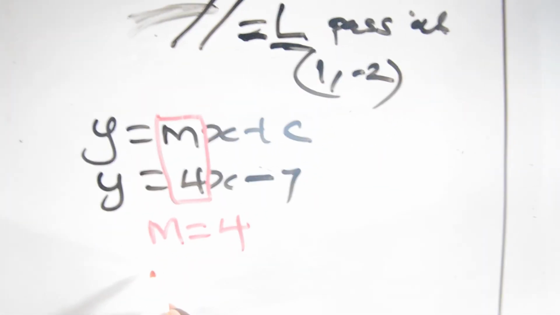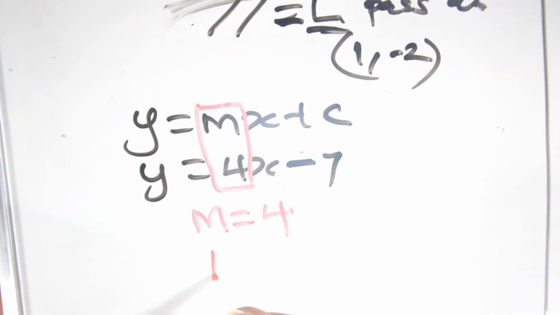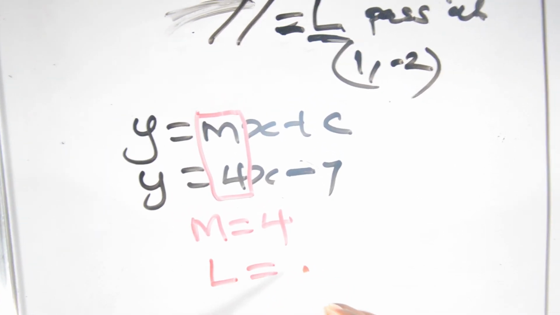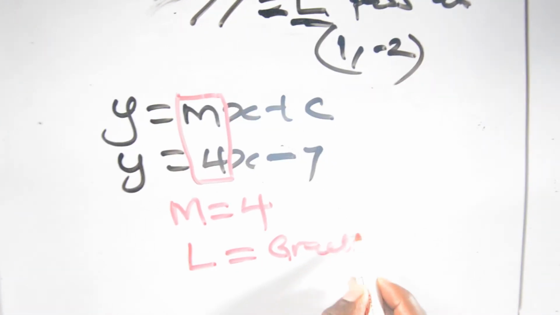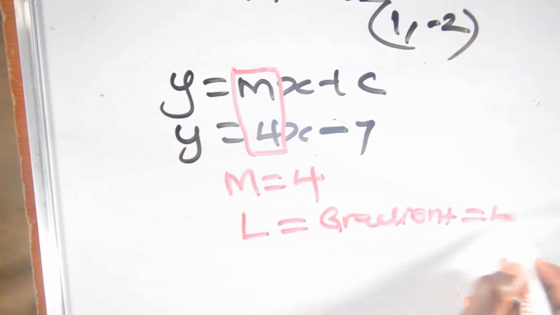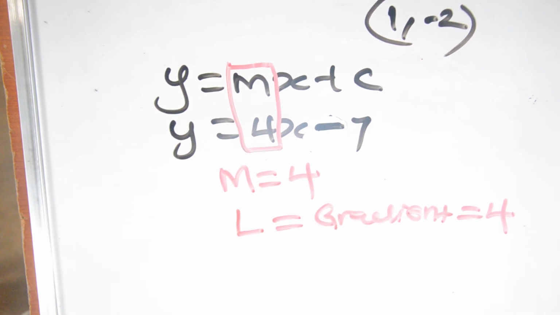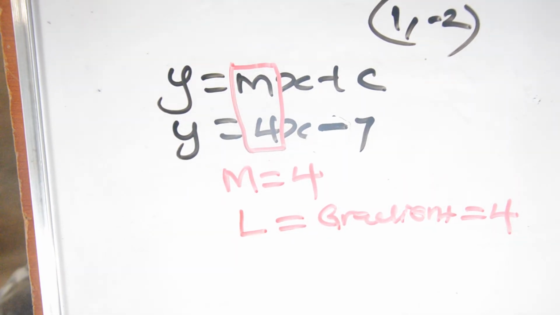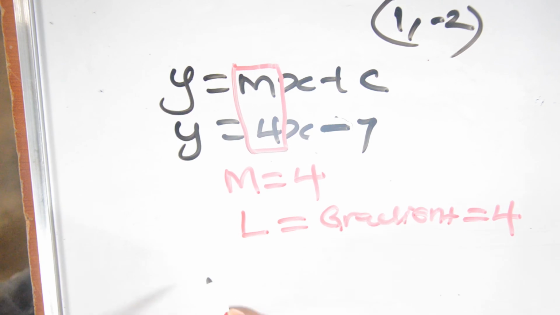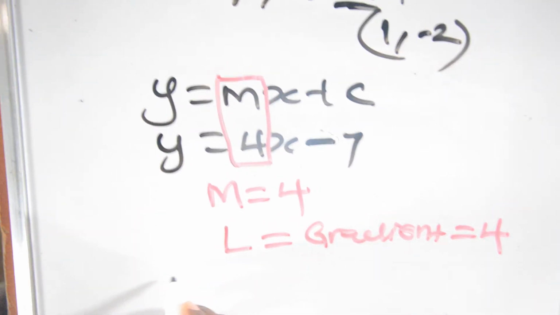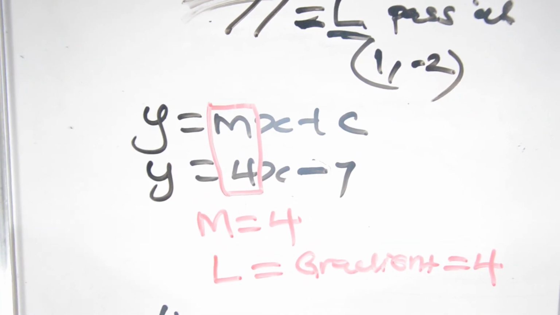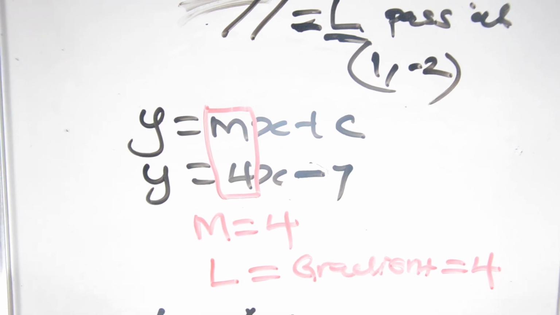So if that line's gradient is 4, it means L's gradient is also 4. Are we together? But now we are going to do what we did in our previous video, finding the equation of the line. We said gradient, which is equals to 4, is equals to change in y over change in x.